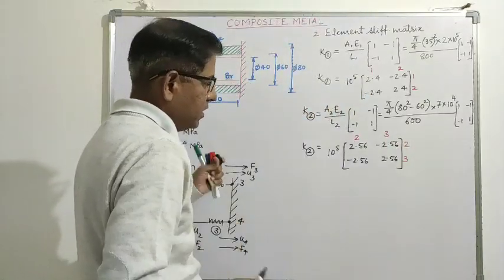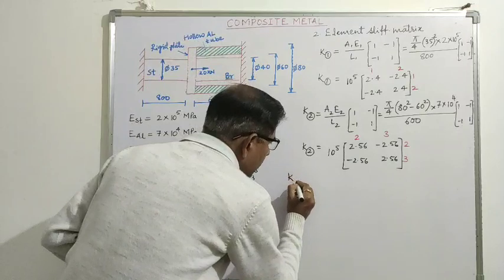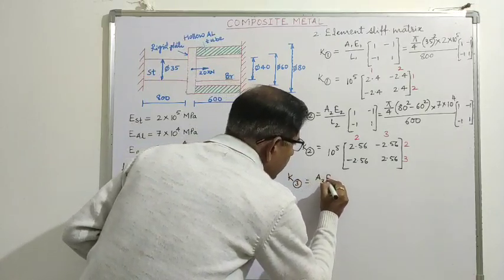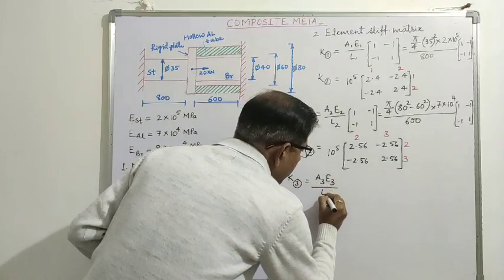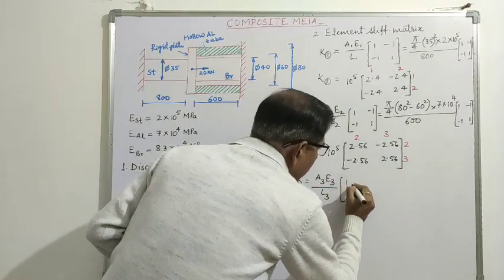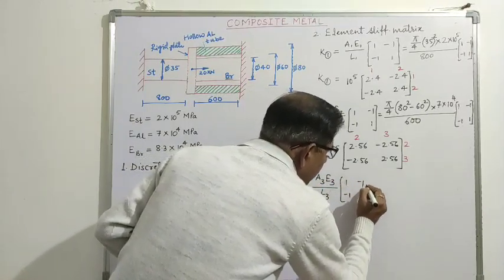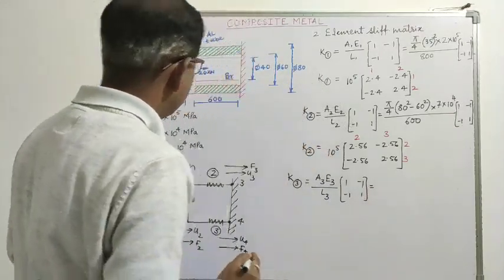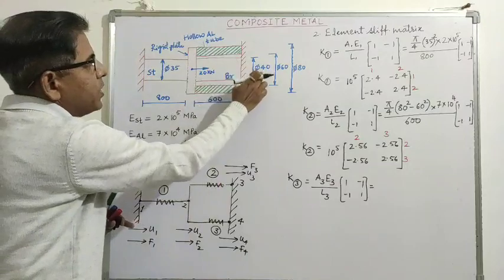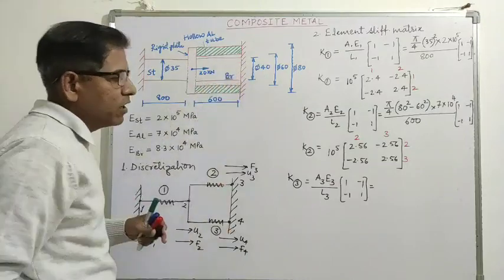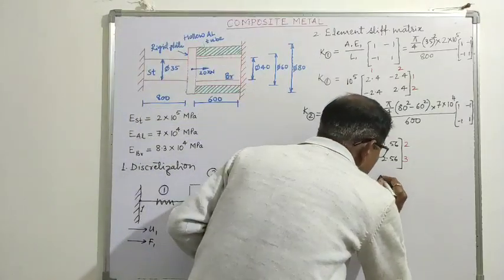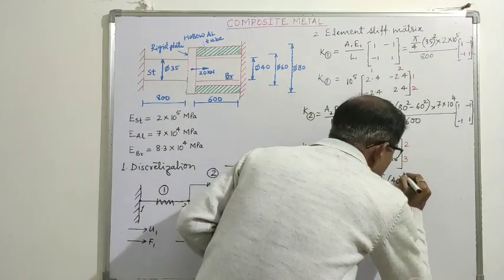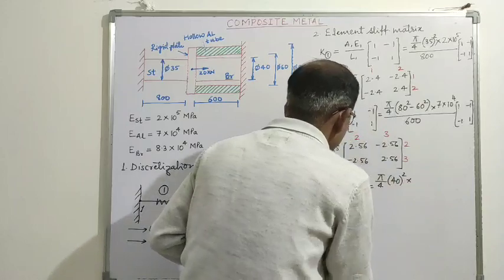Similarly K3 is calculated. So K3 is A3 E3 upon L3, times the matrix 1, minus 1, minus 1, 1. A3 is for the brass bar, whose diameter is given as 40 mm, so this is pi by 4, 40 square, multiplied by E3.